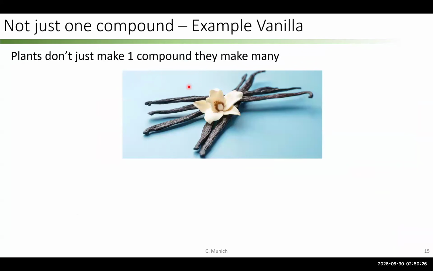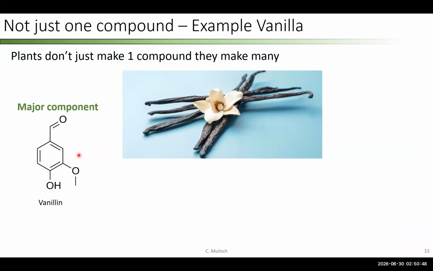And what comes out isn't just one of the compounds that the vanilla orchid makes. The main component is vanillin, of course. So this is what vanillin looks like. Don't worry, you're not expected to memorize all of these compounds, but I just want to show you what it looks like.